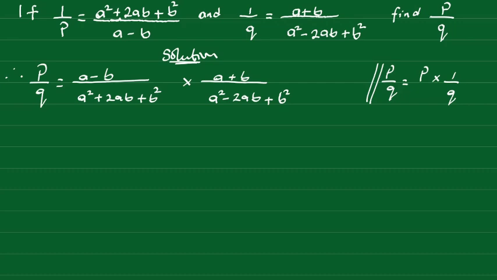Now, we proceed to factorize the trinomial expression at our denominators. Therefore, we have this to be equal to a minus b divided by, at our denominator here, a squared plus 2ab plus b squared.